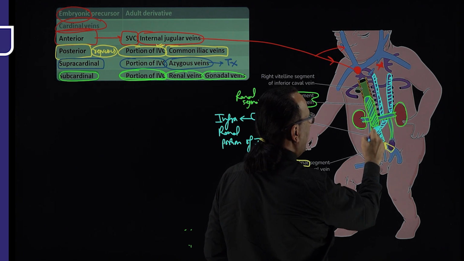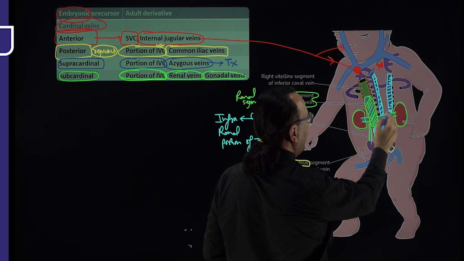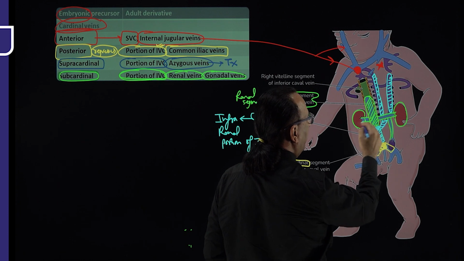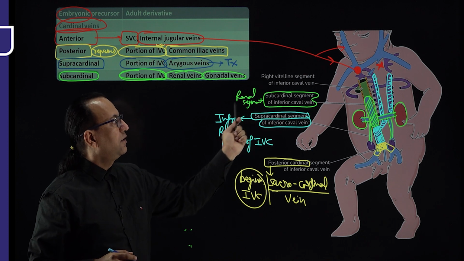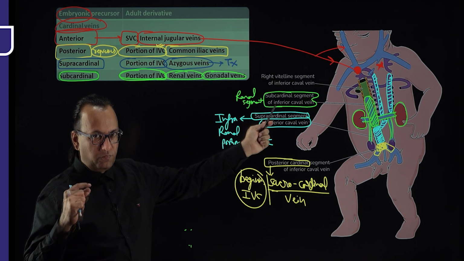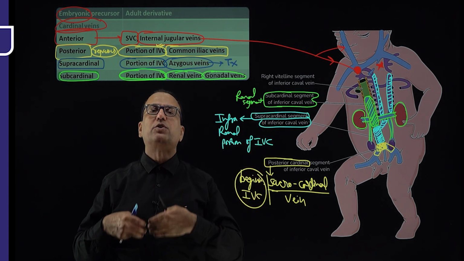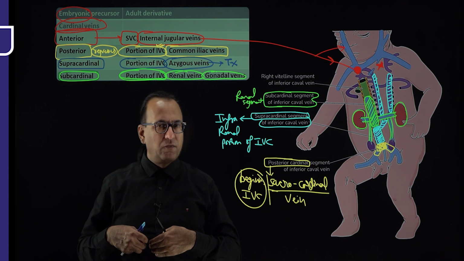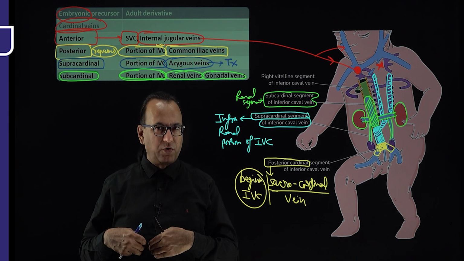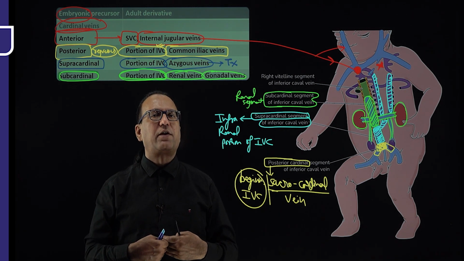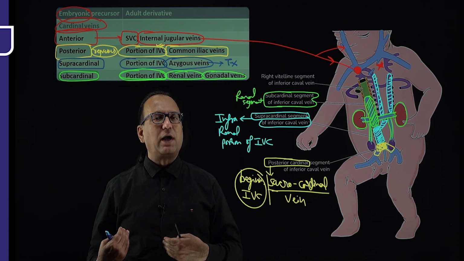So may it be the gonadal veins or renal veins, suprarenal veins, or the renal portion of inferior vena cava, all that is coming from the subcardinal vein. And then you already know which veins form the terminal portion of inferior vena cava, the one which is also called the hepatocardiac portion of inferior vena cava. And if you remember, it was the portal venous circulation, chiefly contributed by the right-sided vitelline vein.